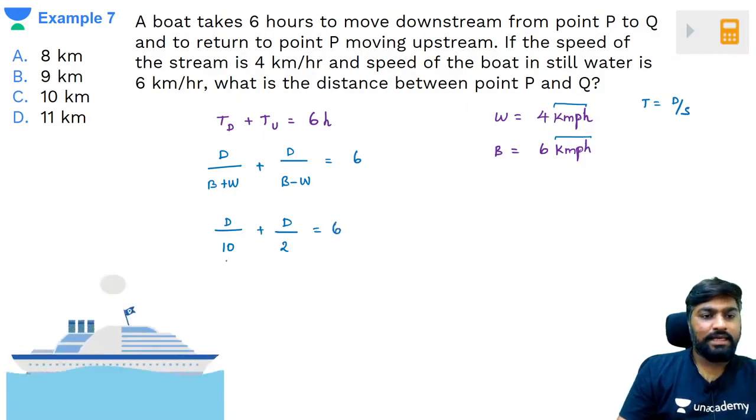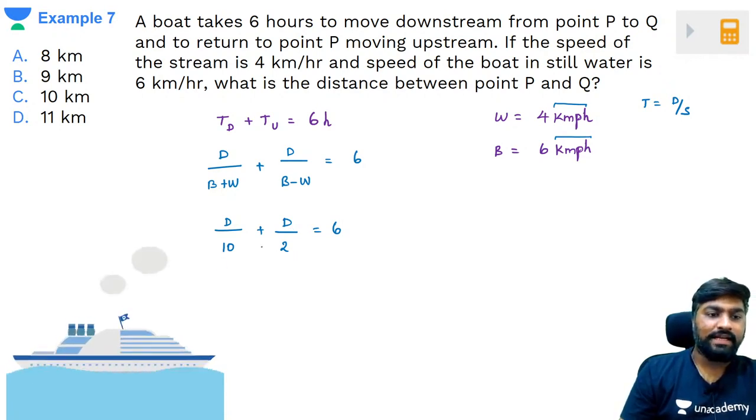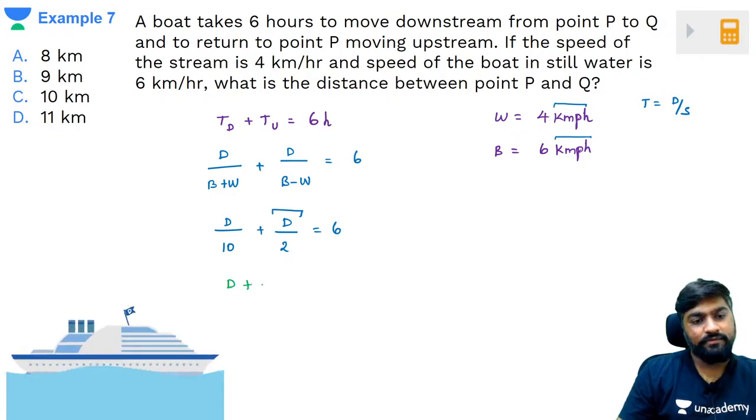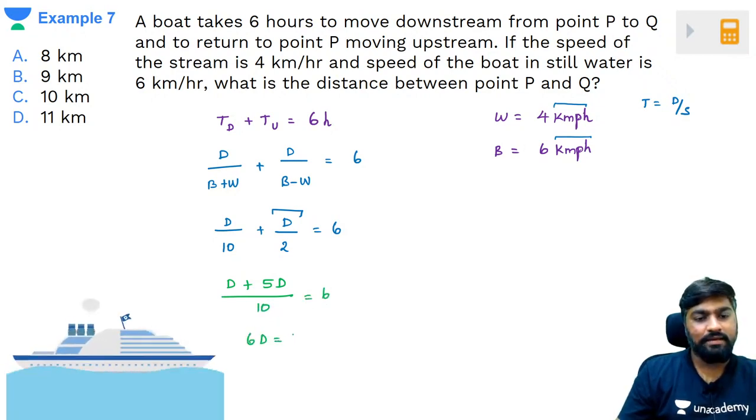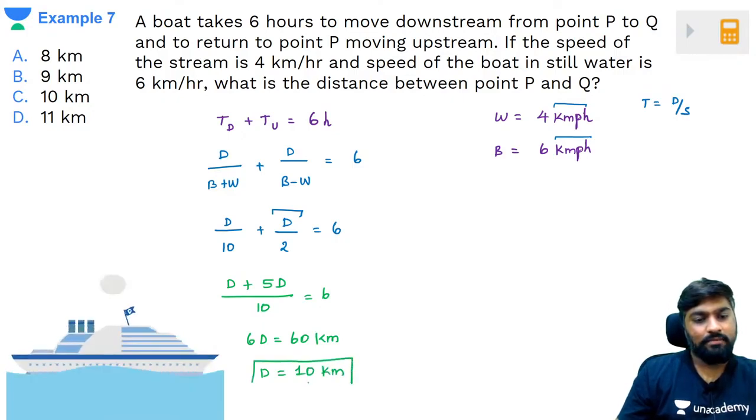Yes, you take LCM, you can cancel things off, whatever works for you. If I take LCM, all I have to do is multiply this part with 5. So what will I get here? I'll get distance plus 5 times the distance upon 10 is going to be 6, or 6 times distance is 60 kilometers. So our distance is going to be 10 kilometers that needs to be covered. Make sense?